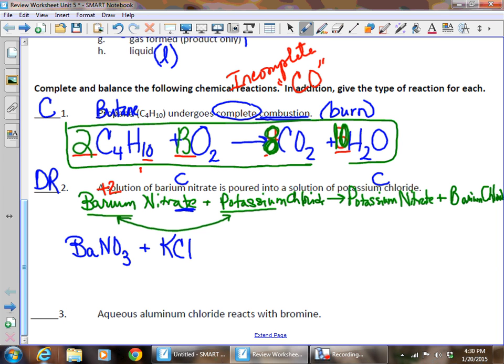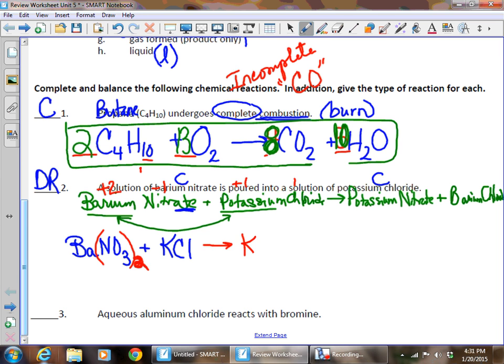So barium's a +2, nitrate, if we look it up on the orange sheet, is going to be a -1, or on your resource materials is a -1. So we're going to need this. Not this, this, a 2. And potassium's +1, chlorine's -1, so it doesn't need any subscripts.